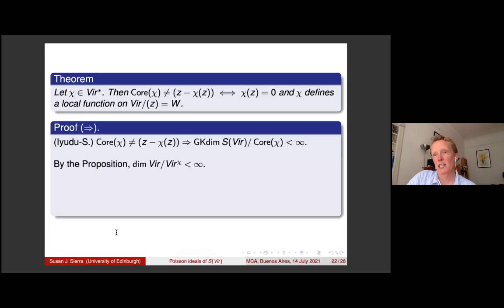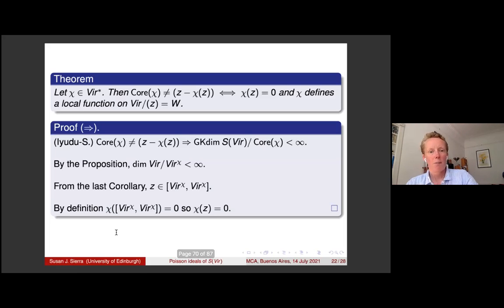Therefore, the isotropy subalgebra has finite codimension. Therefore, Z is contained in the derived subalgebra of the isotropy subalgebra. But by definition, chi vanishes on Vir chi bracketed with anything, let alone Vir chi bracketed with Vir chi. So this says chi of Z has to be 0.